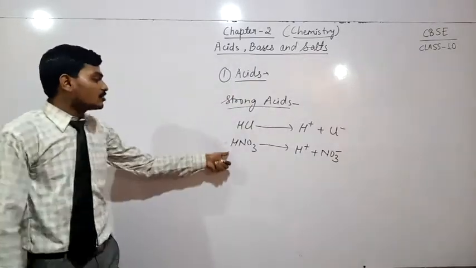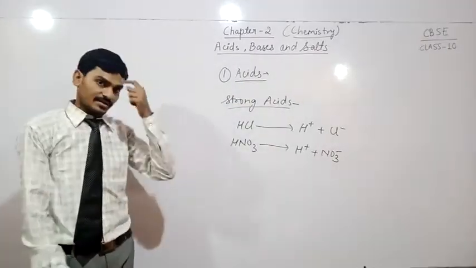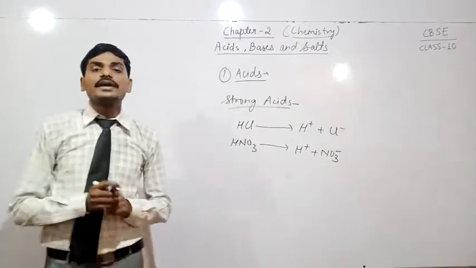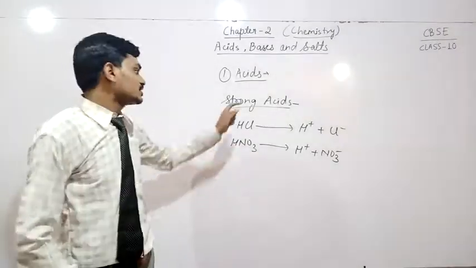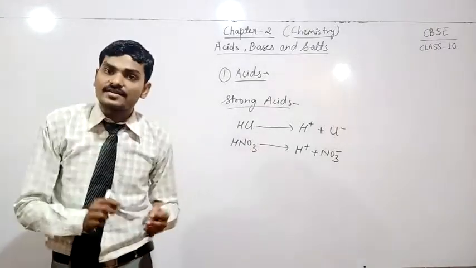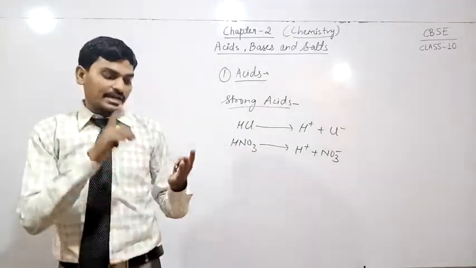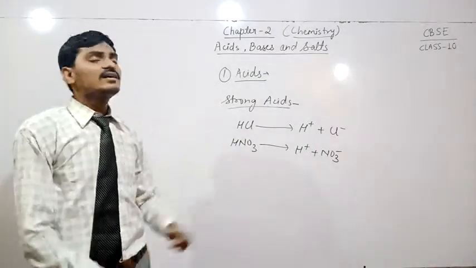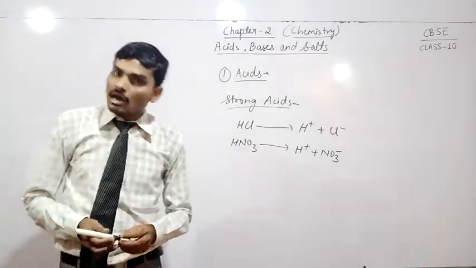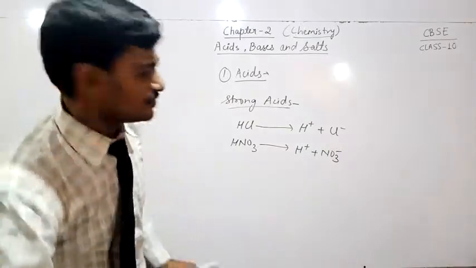In general, we can say all the mineral acids are strong acids. Mineral acids like HNO3, H2SO4, HCl, these are all strong acids. Now come to the weak acids.